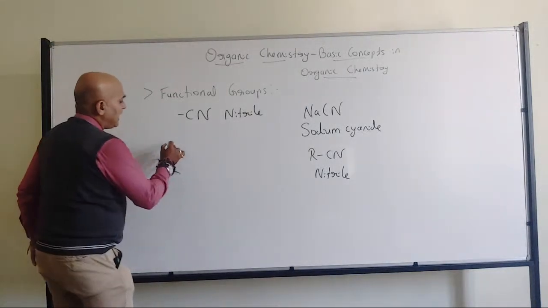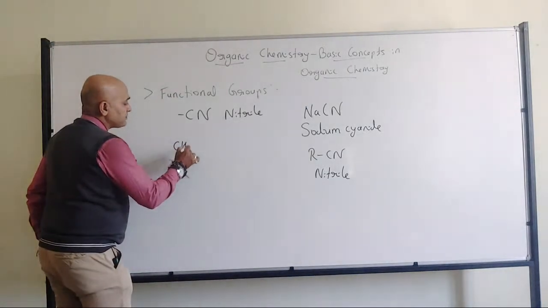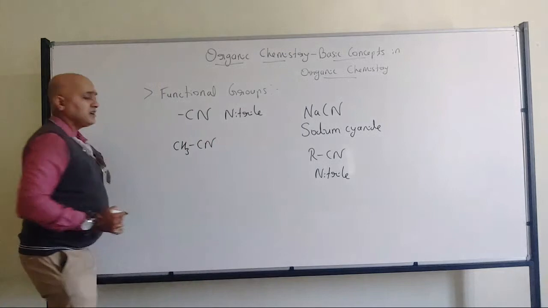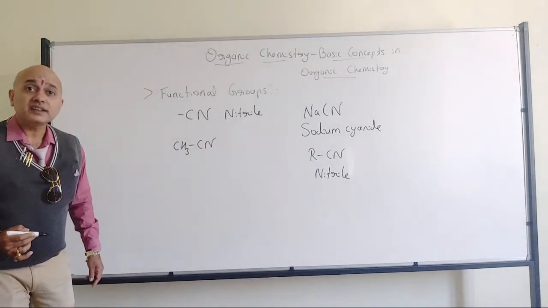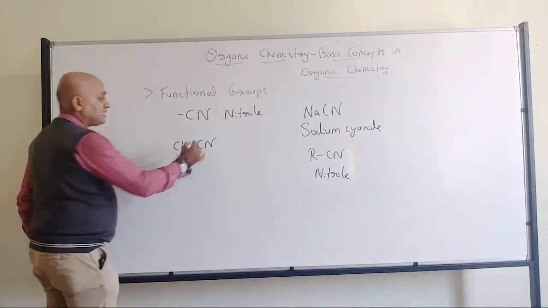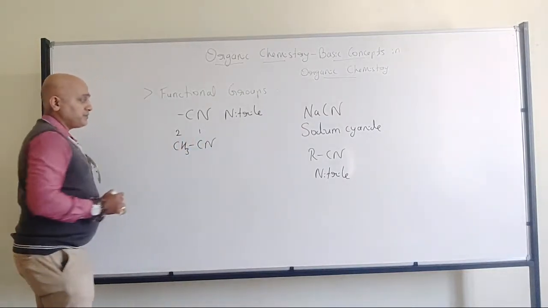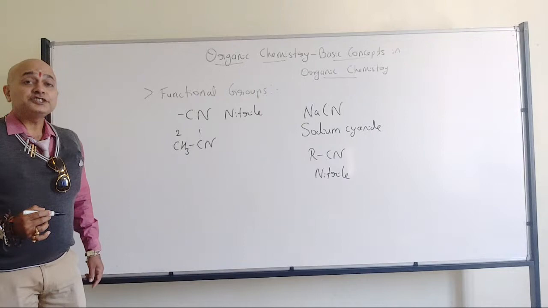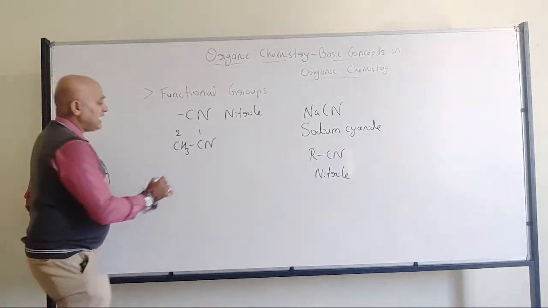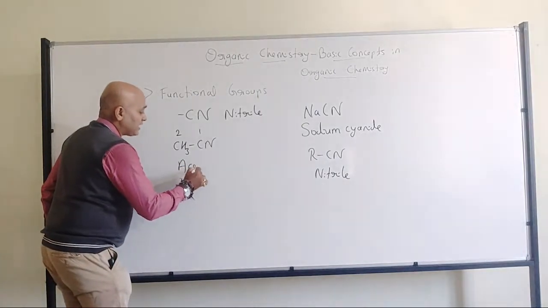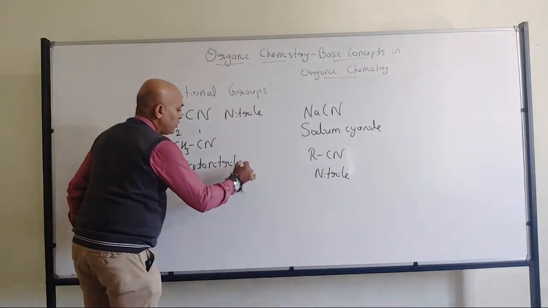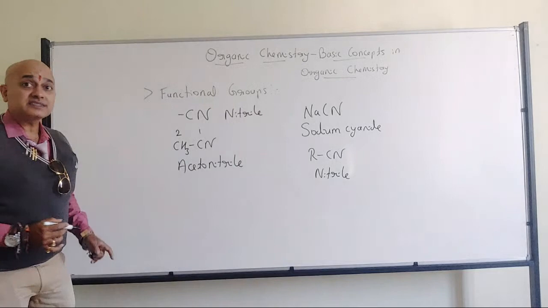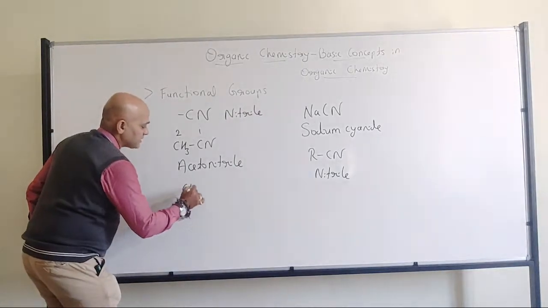Now for example, I have CH3CN. How many carbons are there in this? 2 carbons are there, 1 and 2. Okay? So naturally, this molecule will be called acetonitrile. Same as acetic acid, if you remember.